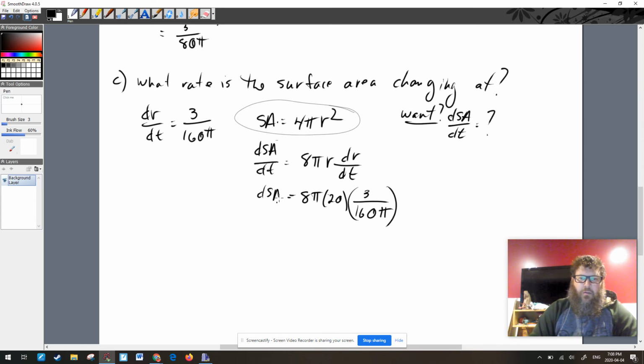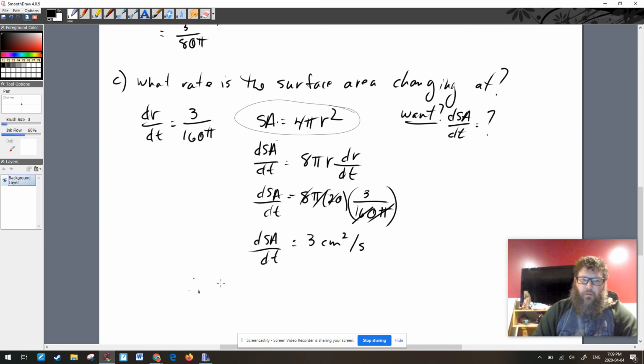dSA by dt is equal to, and so I can actually simplify. Well, look, 8 times 20 is 160, so the 160 is going to go away, and the pi are going to go away, and so the surface area is gorgeously going to be changing at 3 centimeters squared per second at that particular juncture. Okay, so dSA by dt is equal to that.